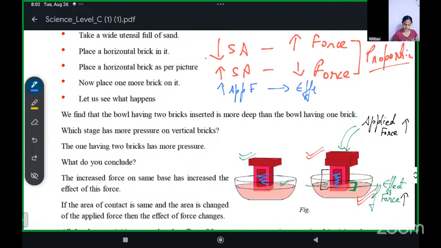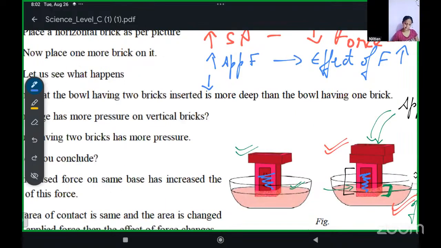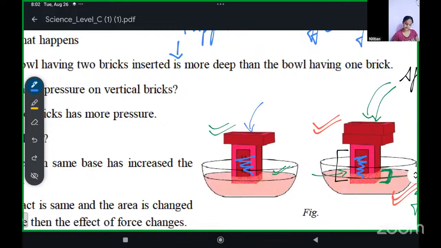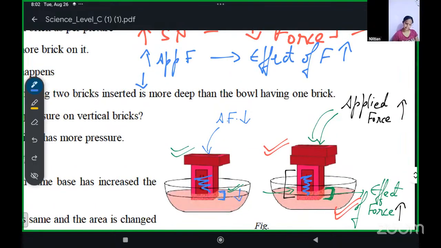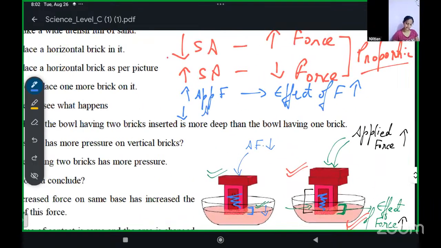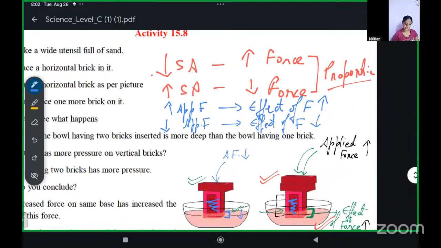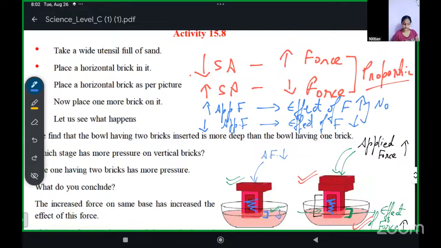If the applied force is less, such as here, then the effect, that is this part, is also less. When applied force is less, the effect of force is also less.